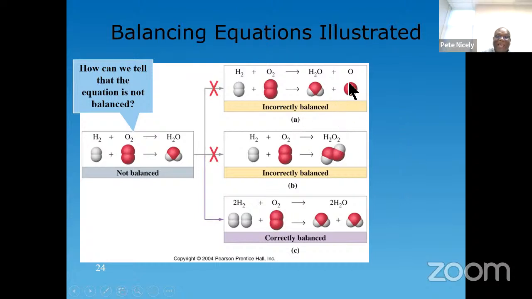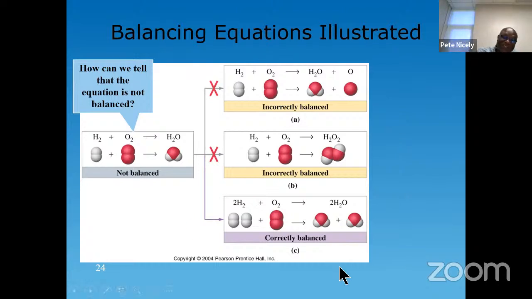Another thing you cannot do is make any changes to the formulas of any compound. Here, all the person did was add a 2 to the formula for the oxygen. That is incorrect because by doing that, you're creating a new compound on paper, which of course is not what happens in a chemical reaction.